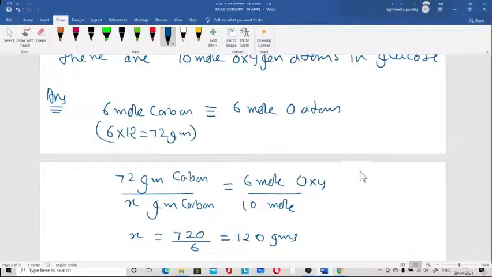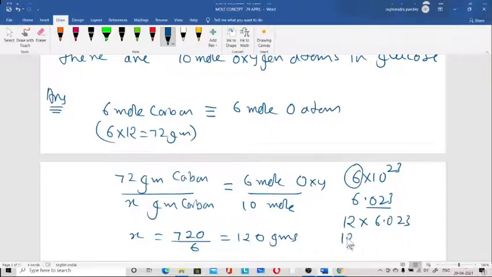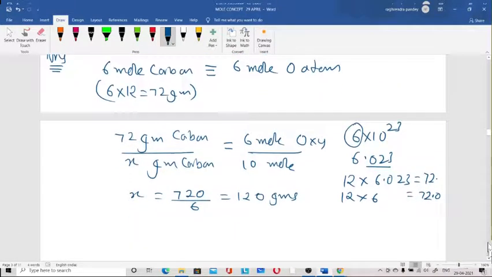But you can use 6, no problem. Even if you are using this, it will not affect the answer. Suppose we are multiplying 12 into 6.023, and you are just multiplying 12 into 6. After 72 there will be some number, after 72 there will be 0. So you can just understand, and they will not ask you the calculation. Rarely they ask the calculation, rarely.